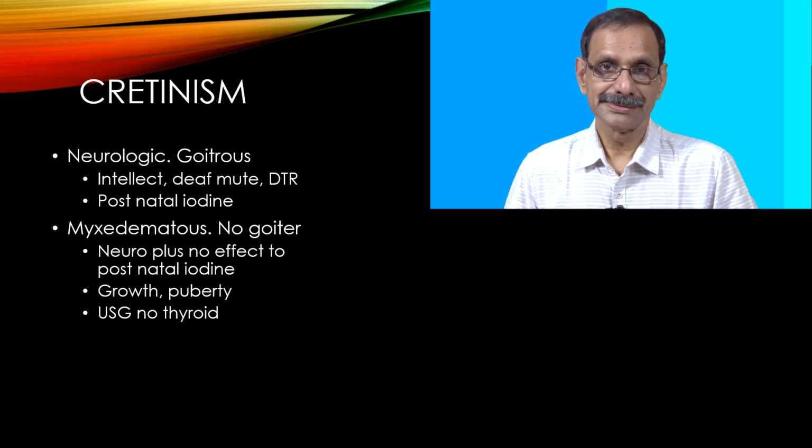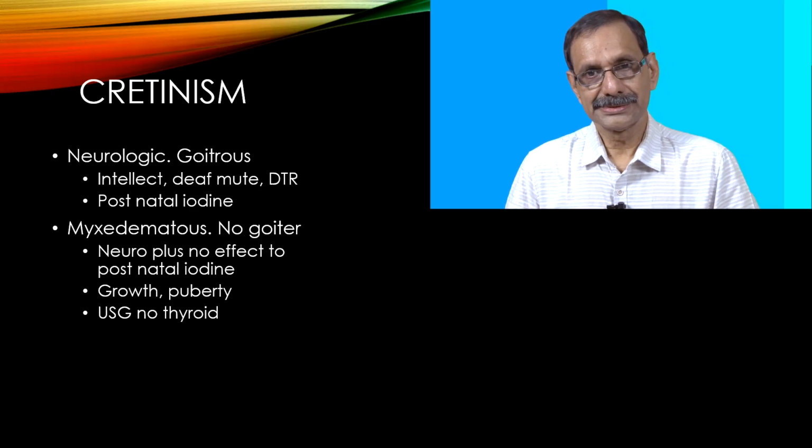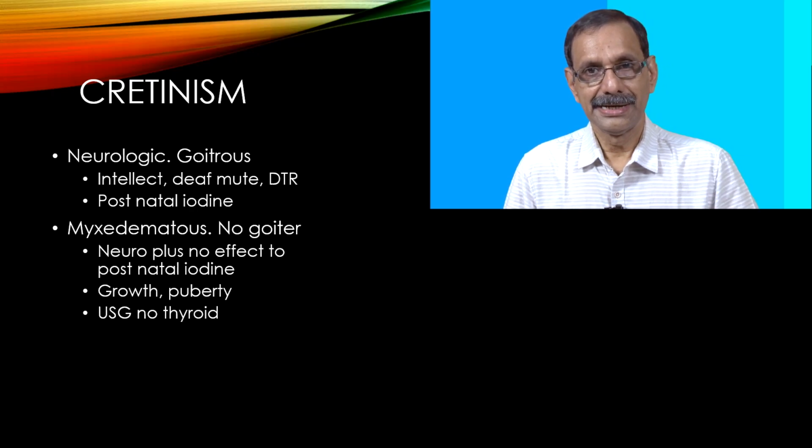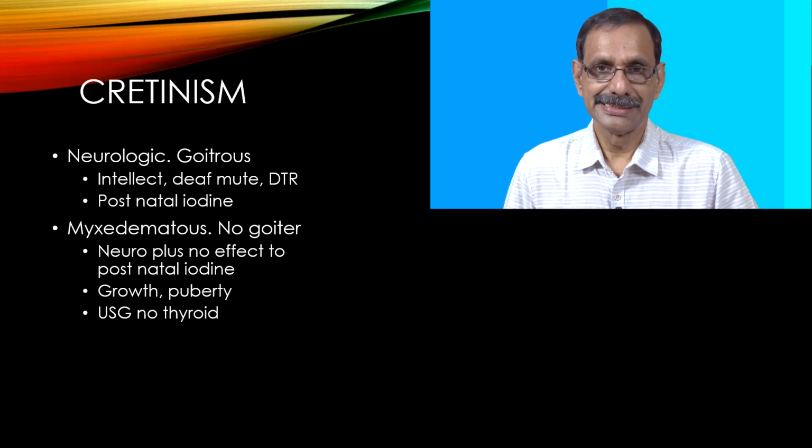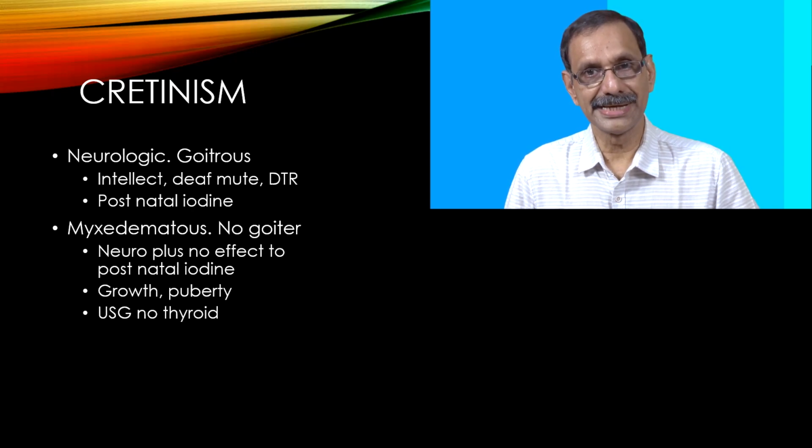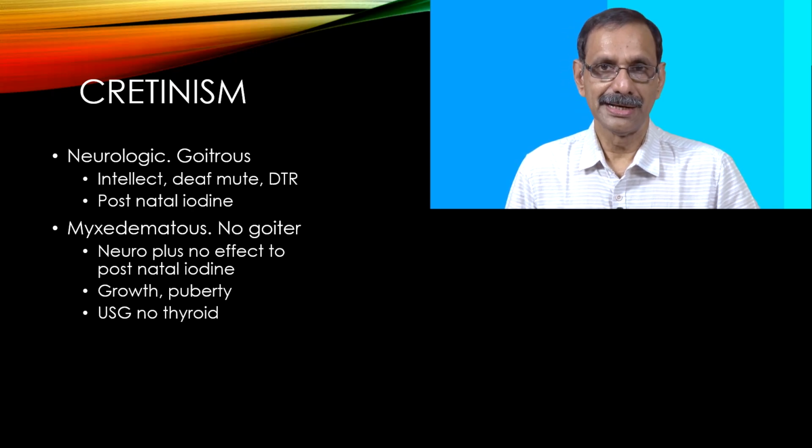Why? Because in utero there was deficiency of iodine and the thyroid gland just shuts down and fails to develop. So these babies do not have a thyroid gland. So if you do an ultrasound, there will not be any thyroid gland or there will be an atrophied gland.